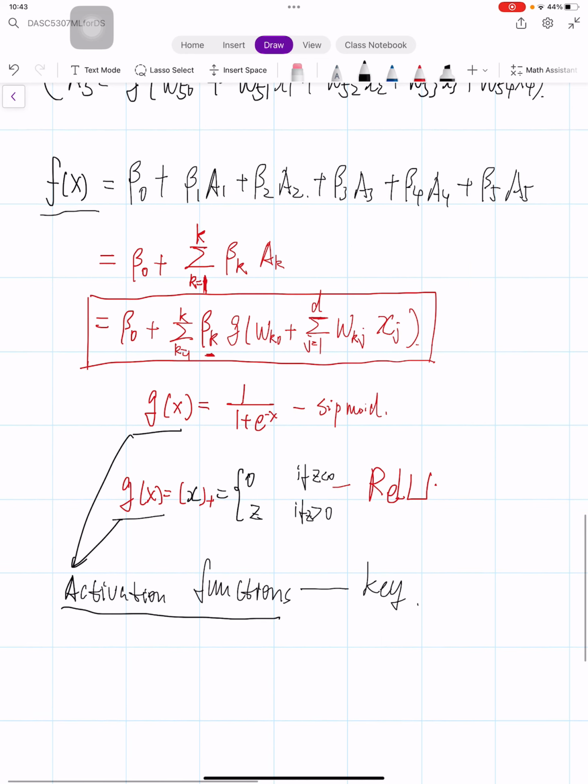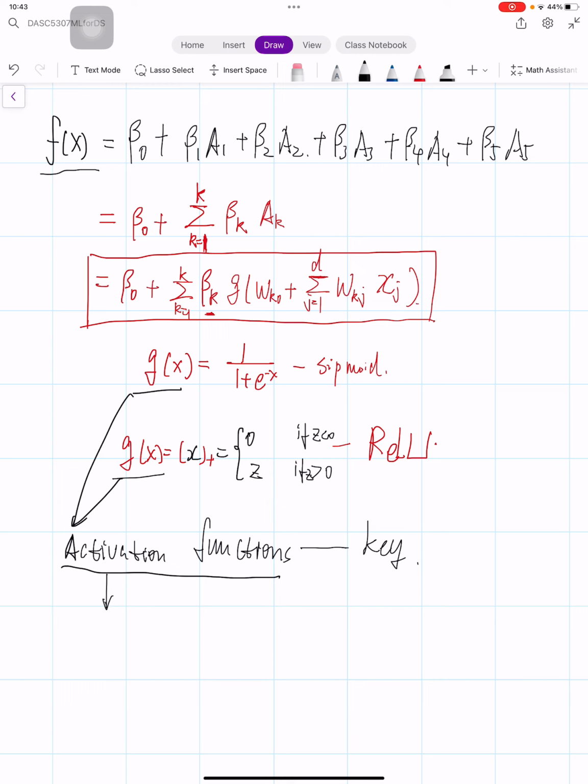So it's still linear. So activation makes our function f(x) able to capture the nonlinearity, plus the interactions among variables.